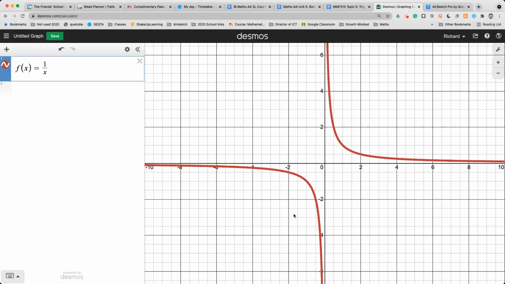We can also work out the derivative of this function. Do that on paper now. Your time starts now.